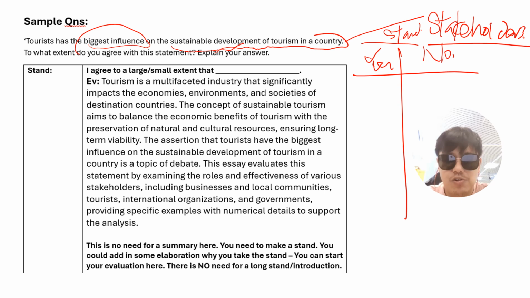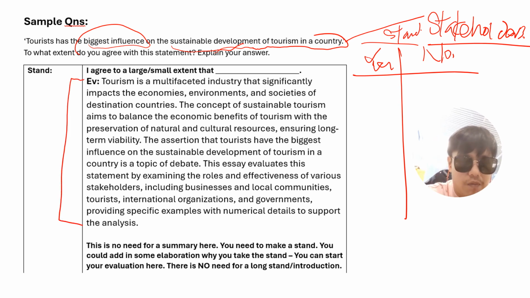The stand should be simple. In fact, I am not recommending you to do this. What does EV mean? EV means I'm actually starting my evaluation straight from my stand. How do you know that you're trying to evaluate?